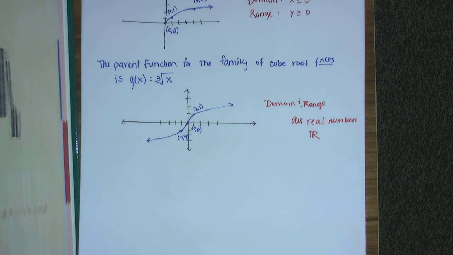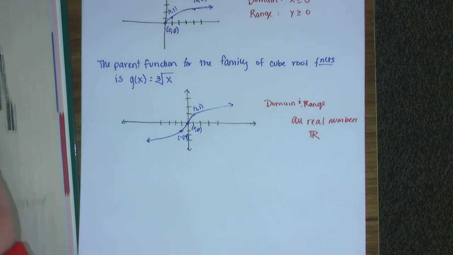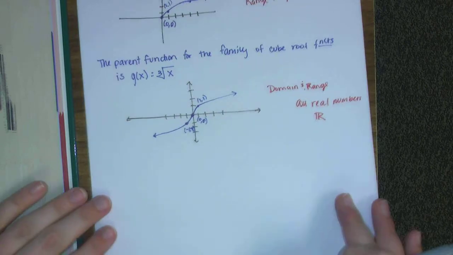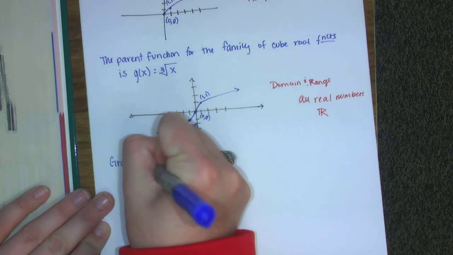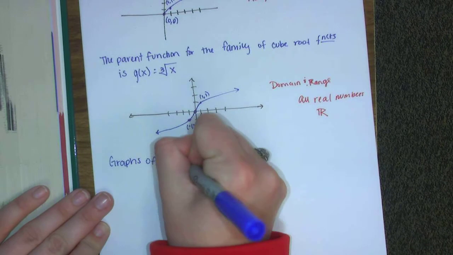So like I said, if you were to actually shift it, they do follow the same pattern as all of the other ones that we do. So I'm just going to give you those steps, and that'll be all for this section. Graphs of radical functions.